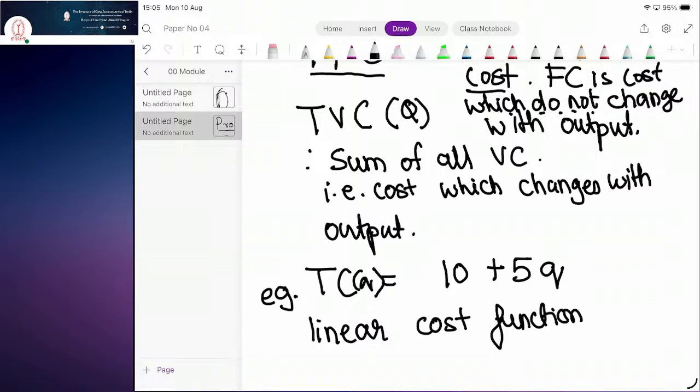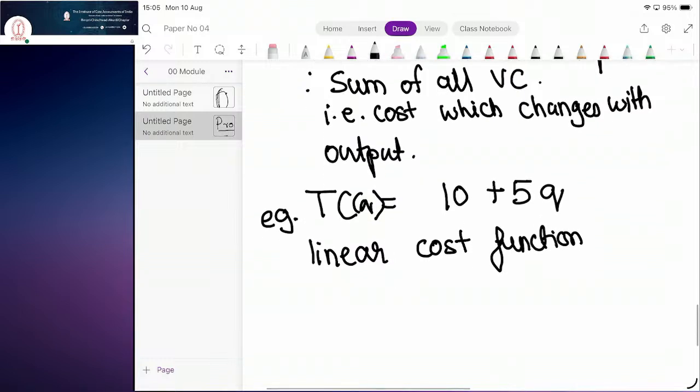Okay. Now, TC of 0, if I put, solve this and tell me what will be the answer. Q की वैल्यू अगर हम 0 इधर सब्स्टिट्यूट करना है and solve it, what is the answer you'll get?